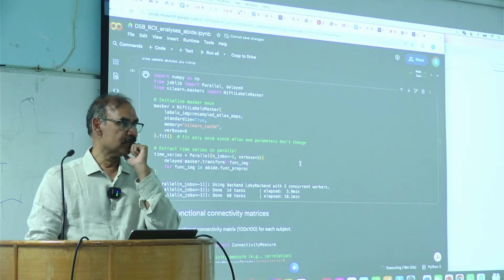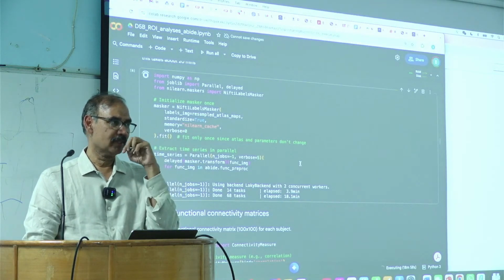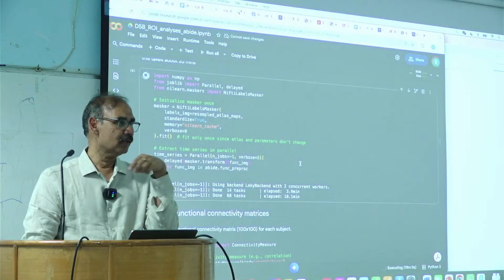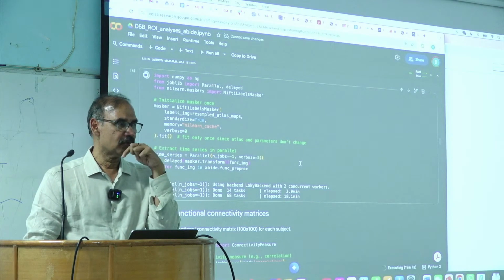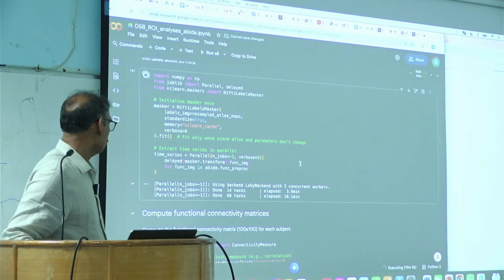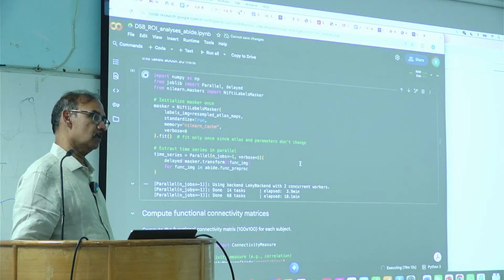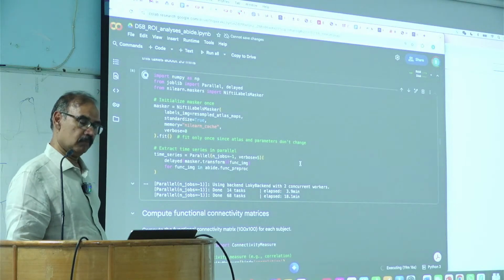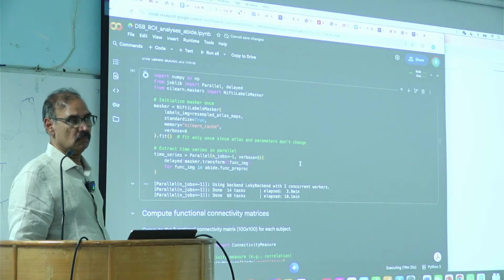Who is next? Maybe you might as well say who is your partner. So can you say what you are planning to do? Functional connectivity, but based on the effective scope and which network is giving the significant result to distinguish the autistic subjects, or even within the autistic subjects.